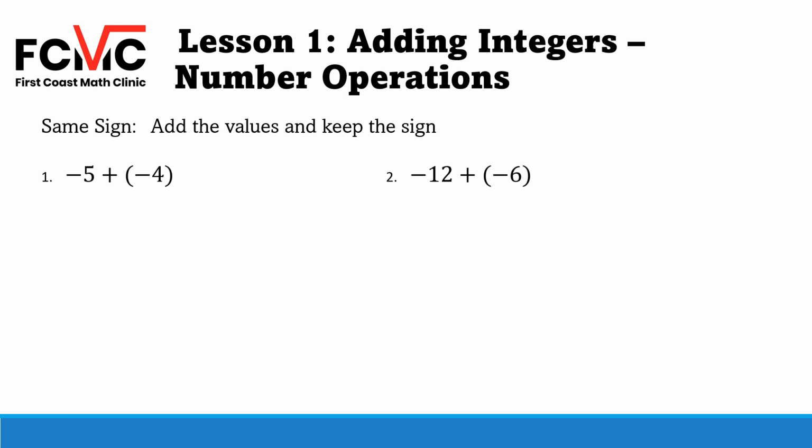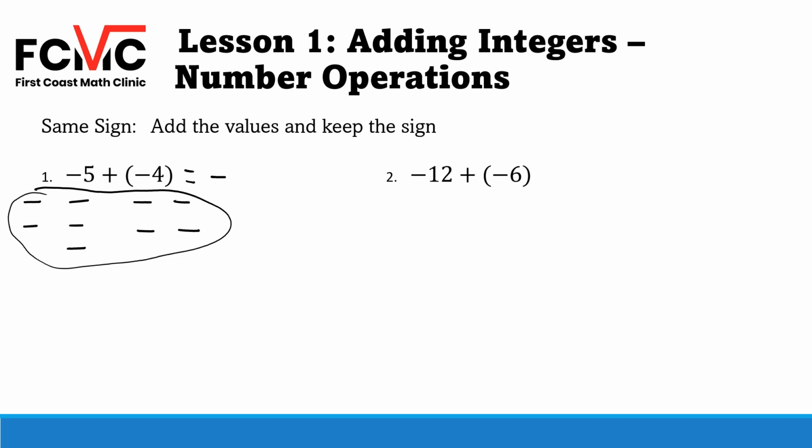So let's think of some ways that we can visualize this. So -5 and -4, well, let's use some minus signs to represent these numbers. So -5, let's write out just 5 negative signs. And then we've got 4 more negative signs. Well, if we put this together, how many negative signs do we have? We've got a total of 9 negative signs.